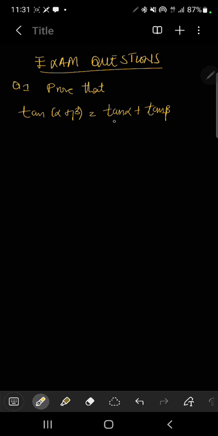Question 1 says: prove that tan(alpha plus beta) is equal to (tan alpha plus tan beta) over (1 minus tan of alpha tan of beta).